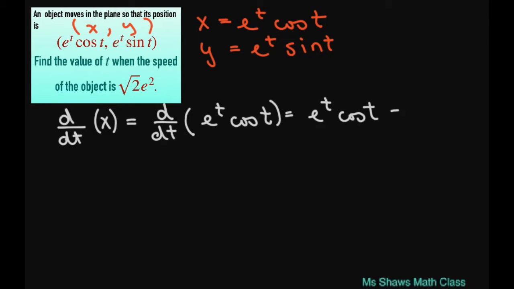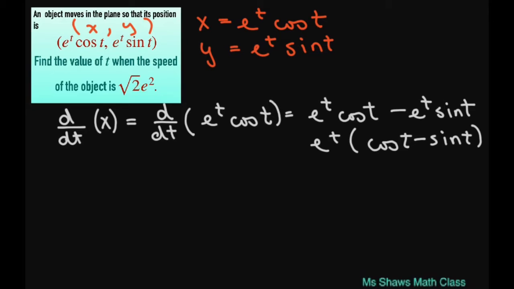So I'm going to write negative e to the power of t sine of t. That's going to equal e to the power of t, if you factor it out, cosine of t minus sine of t.